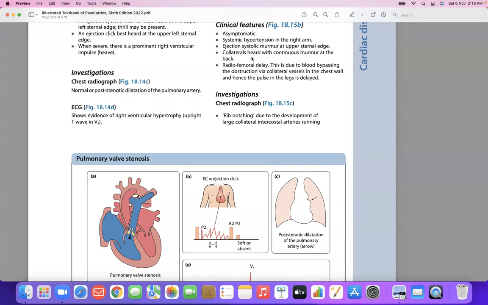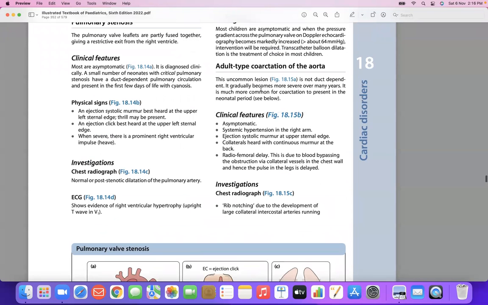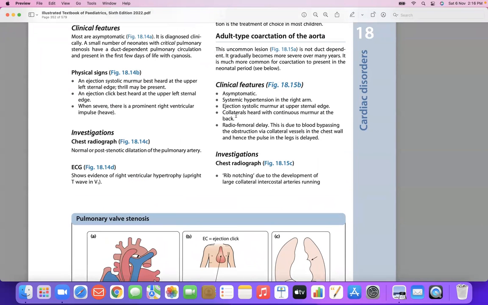Then collaterals heard with a continuous murmur at the back. As he told, between the shoulder blades you can hear this murmur, and it can be an ejection systolic murmur.